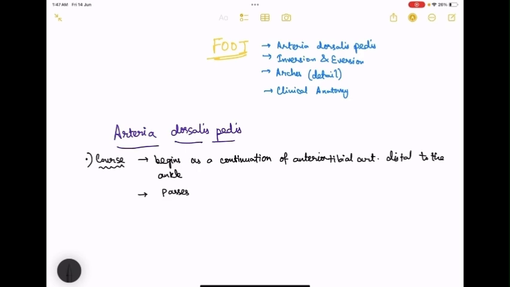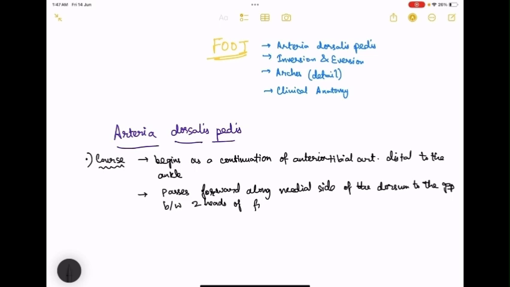Passes forward along the medial side of the dorsum to the gap between two heads of first dorsal interosseous muscle.